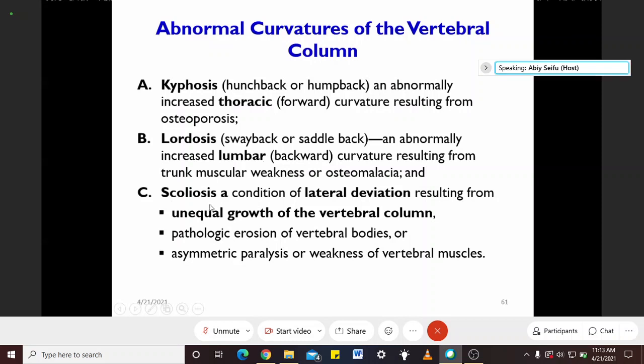Whereas scoliosis is a lateral curvature which is more exaggerated and abnormal.